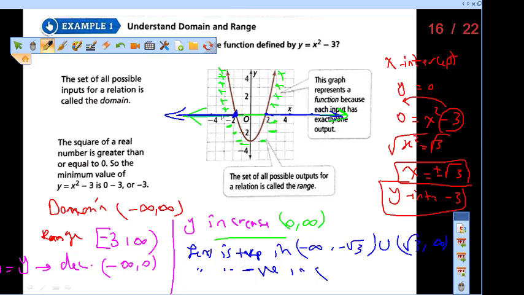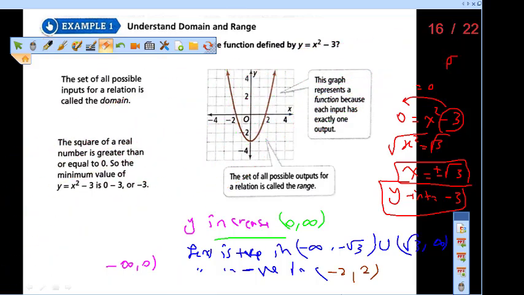This is where the function is positive, in this part and in this part. Where is this function negative? In this part, from negative 2 until 2. I can add another question, guys, to finish the increase, decrease, positive, negative.